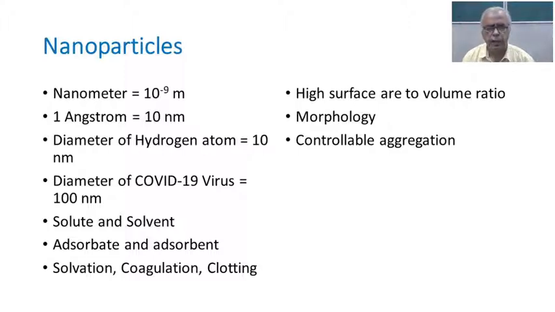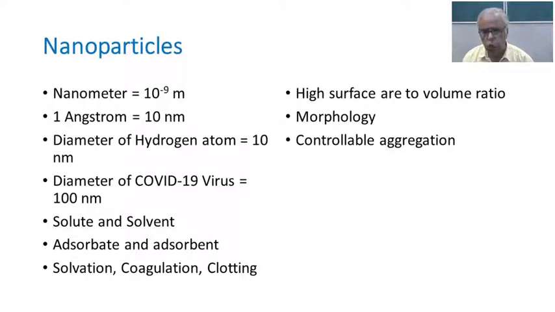Luckily, these nanoparticles have both characteristics. They can adsorb, that is, spread and diffuse over the substrate, as well as penetrate into the substrate once they have established contact with it.